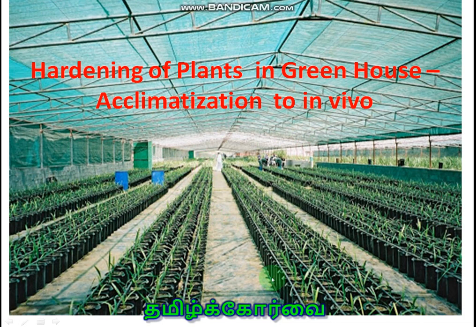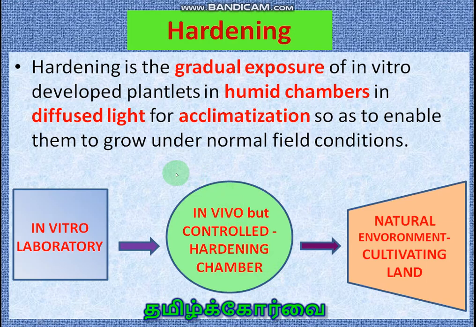You see, a very large number of plants are in the hardening condition. Here you see the move from in vitro laboratory to in vivo, but in a controlled hardening chamber. Then it is brought to the natural environment. This process is also known as acclimatization, adjustment to the normal environment so that it can successfully survive in the normal condition.